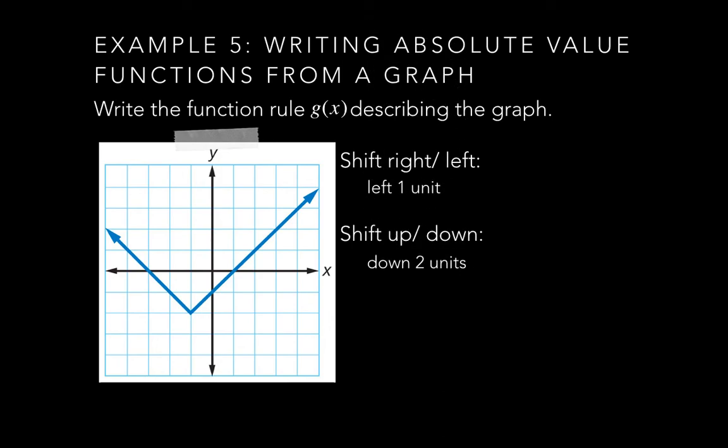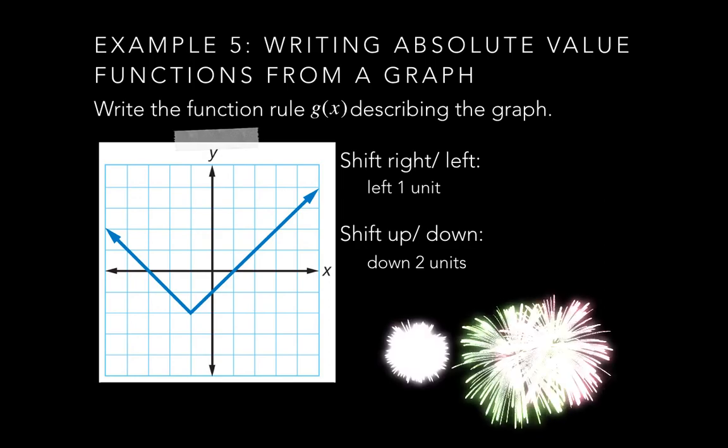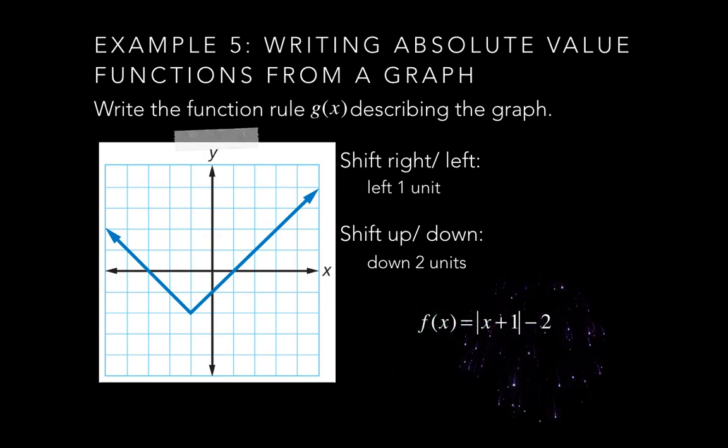Yes, it moved down 2 units. So movement to the left, that's going to be inside your absolute value, and it's going to be a +1. And movement down is outside of your absolute value, and it is a -2. So your function would be f of x equals the absolute value of x plus 1, minus 2.